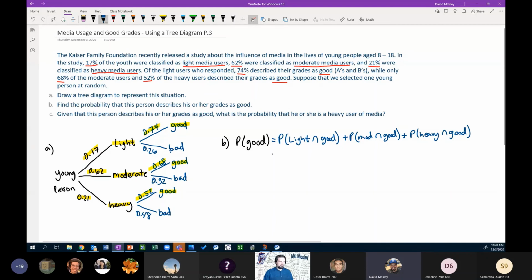And again, based on our previous examples, the easy way to do this is to just multiply the successive probabilities, right? The sequential probabilities.